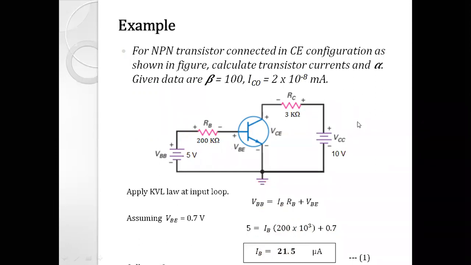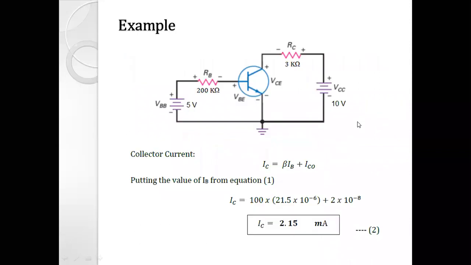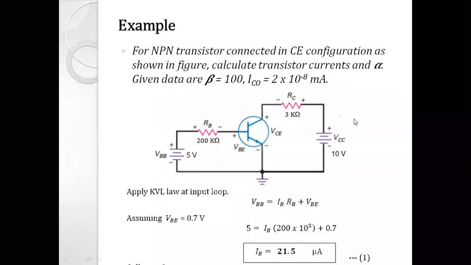Then let us find the second current, IC, the collector current. We know the equation for the collector current in terms of base current. We know the base current now; we got it in the previous slide as 21.5 microampere.